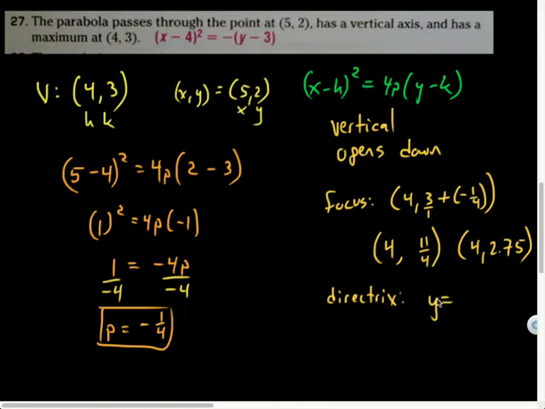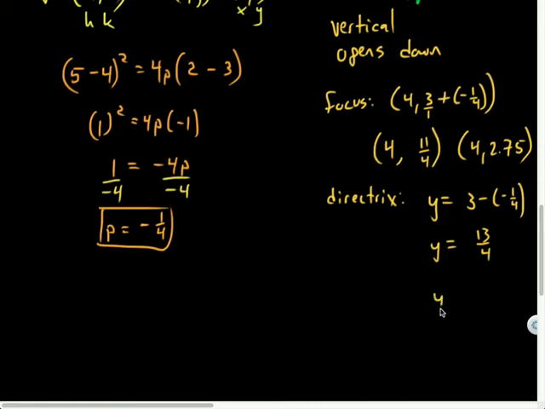It will be the vertex, and I'm going to subtract the p value from the y-coordinate this time because it's vertical, so that's why I'm choosing the y. So 3 minus negative 1/4. I'm going to get y equals 3 plus 1/4, or 12/4 plus 1/4, so 13/4. Or I could write that as y equals 3.25.